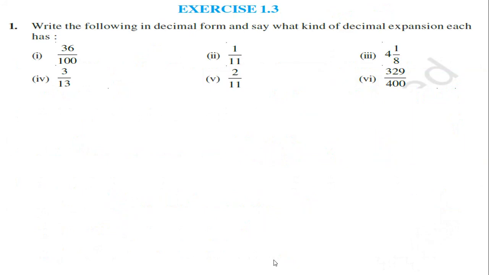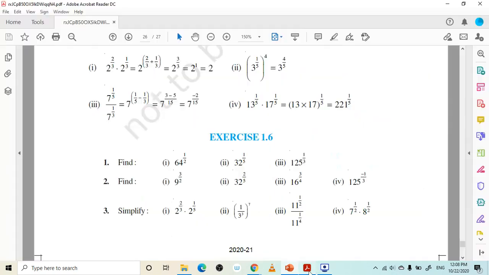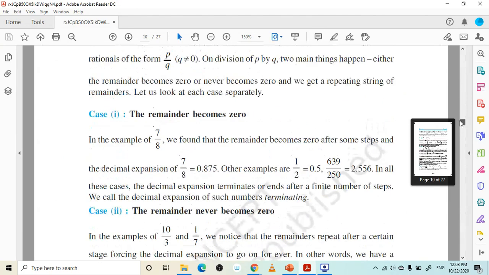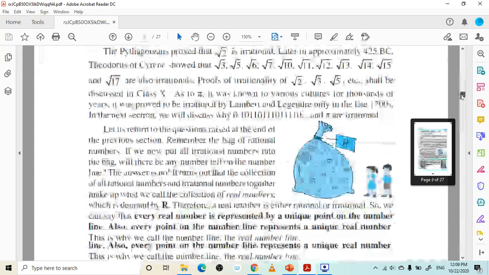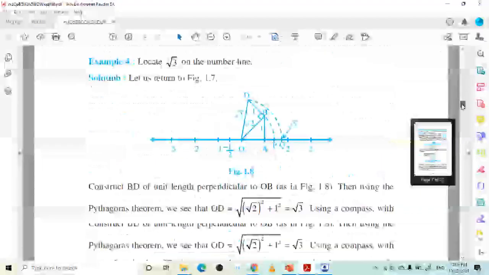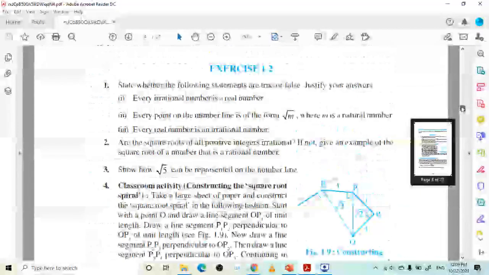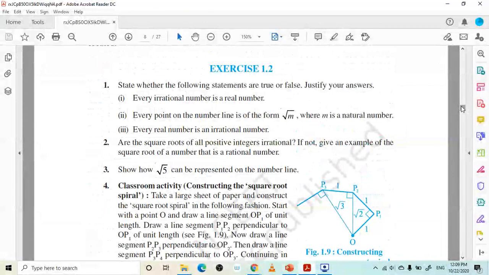Here only the first question is taken, and all remaining questions are skipped, and the first question is so easy, just true and false. One minute, let me show you the first question of the second exercise. This is just simple true false. The second and third are already skipped.